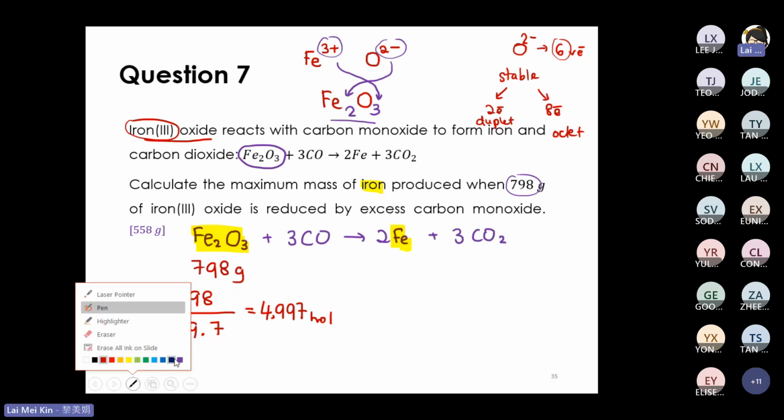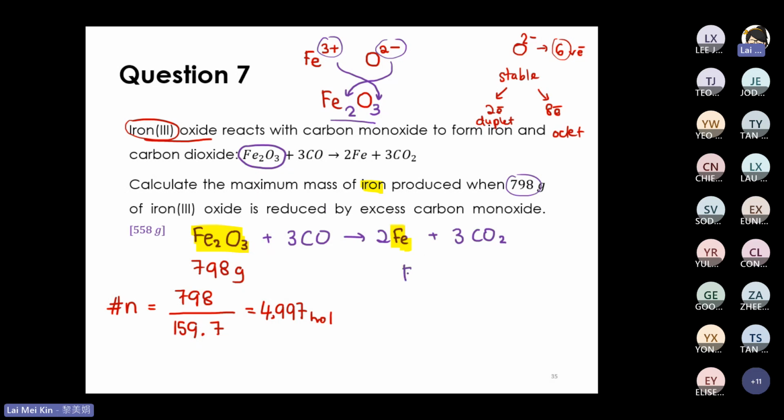And then the second part, remember, goes to the stoichiometry. So what you have highlighted, you have Fe2O3, and then you have Fe. According to the balanced equation, how many mole of iron(III) oxide are there? 1. So how many mole of iron? 2.